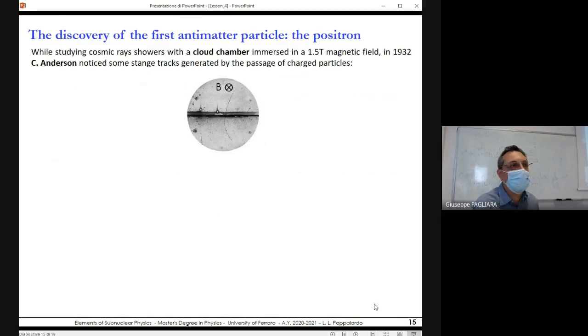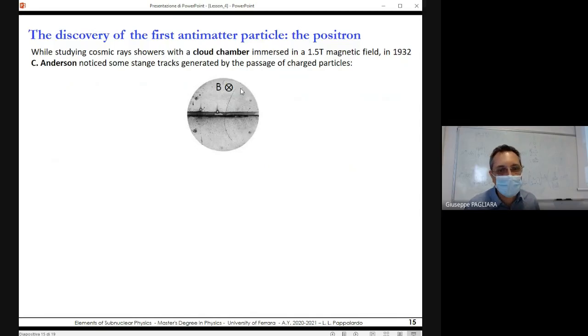So how did this happen? We are now in 1932, just 4 years after the Dirac equation. While studying cosmic ray showers with a cloud chamber in a 1.5 Tesla magnetic field, Anderson noticed some strange charged tracks in his detector. Do you know what a cloud chamber is?